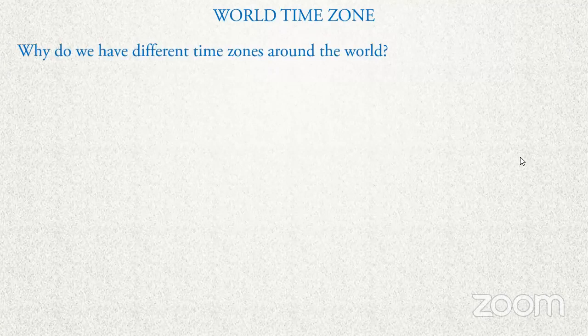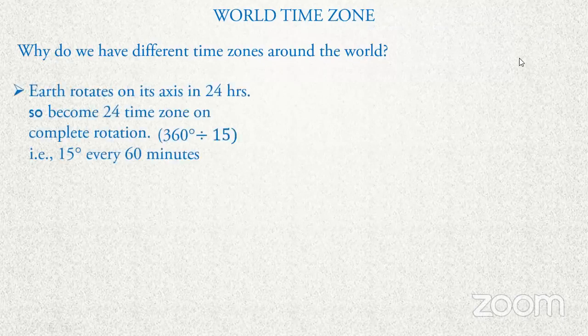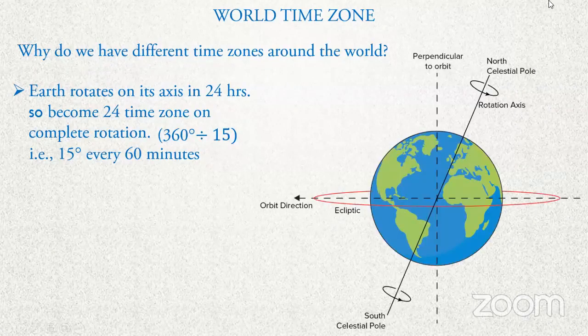So why do we have different time zones around the world? This is the reason. In class 6 we started teaching it very easily. The Earth is divided into 24 time zones. How do we calculate 24 time zones, where does it come from?